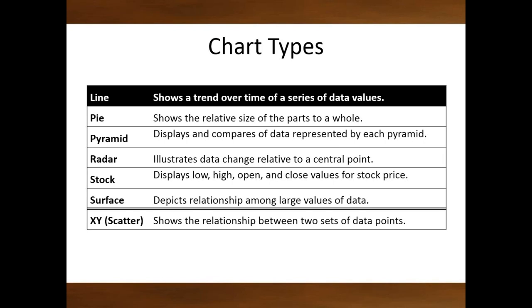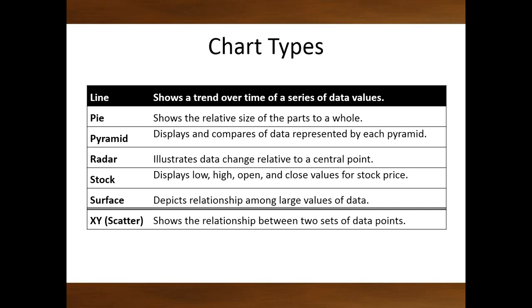Then we have the radar chart, and this illustrates data change relative to a central point. We have the stock chart, and the stock chart displays low, high, open, and close values for a stock.